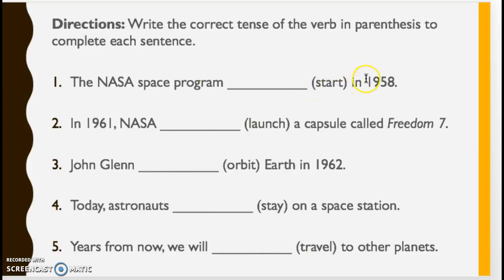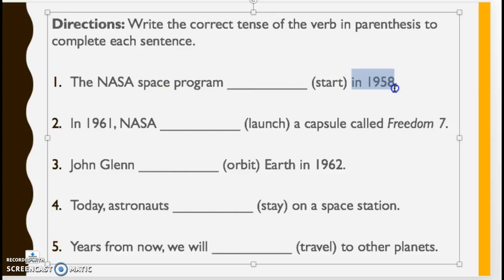And I see a clue right here where it says in 1958. Okay? In 1958. Well, I know right now we are in 2017. So that tells me in 1958 is a clue that this is happening in the past.